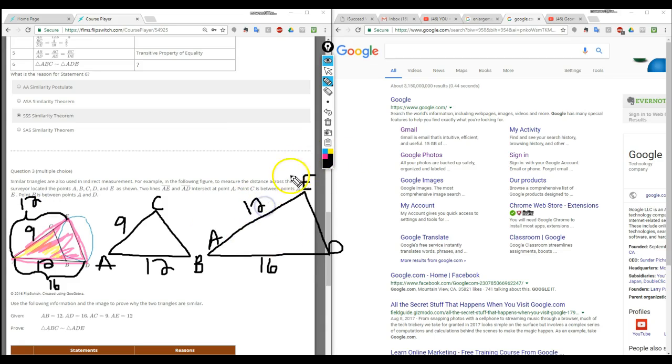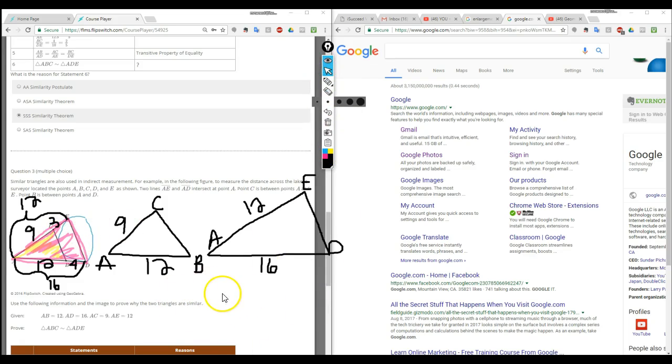So here's an indirect measure. Since I know A to B is 12 and I know the total length is 16, that means B to D has to be 4. And similar indirect information, we know A to C is 9 and the total length is 12, so that means C to E has to equal 3.